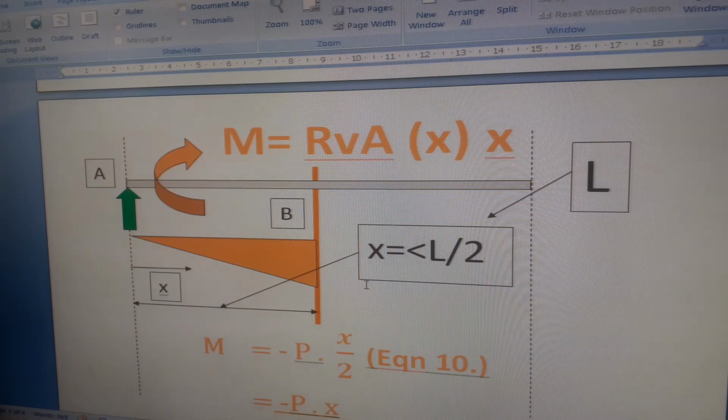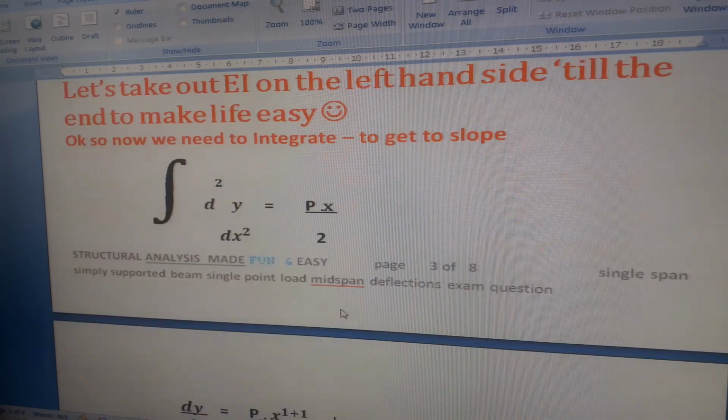So the value of m that I put is correct only till x equals L over 2.